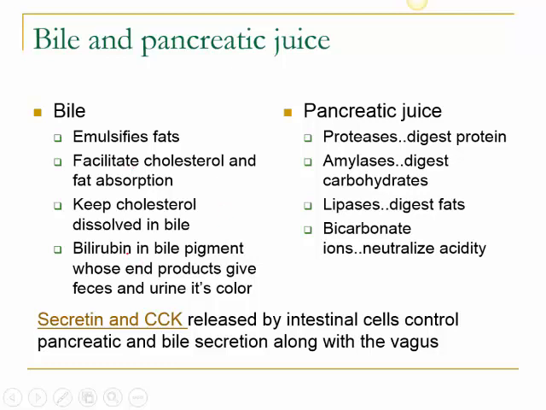It also has this pigment, bilirubin, which, when it is transported through, is removed in the urine as something called urobilin, which is what gives urine the yellow color, and it's removed in the feces as what is known as stercobilin, which is what gives feces the yellow color.